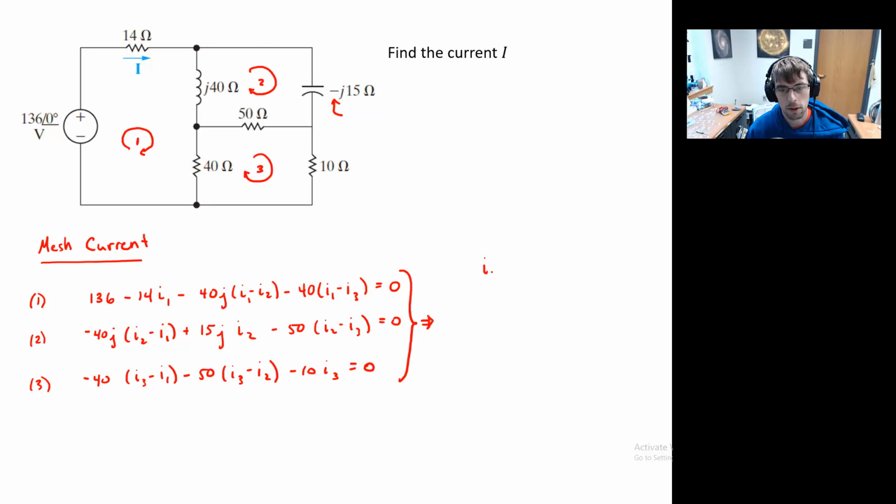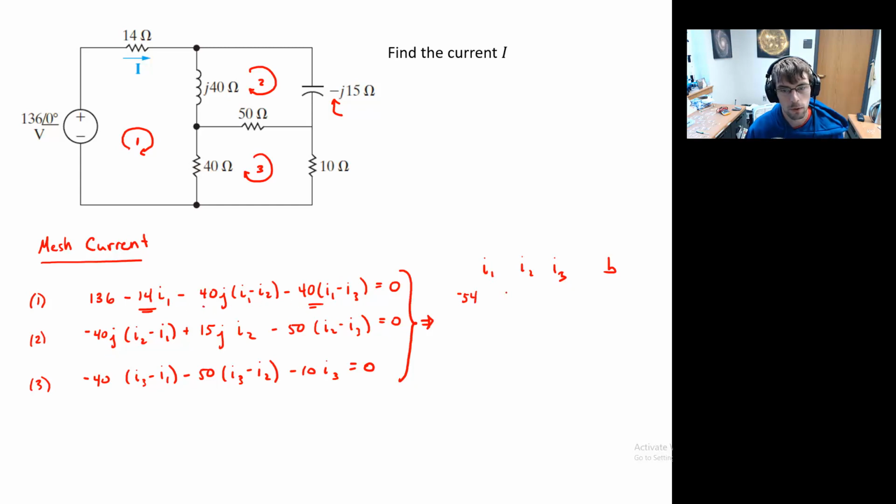What we're going to end up with is I1, I2, I3 as my column order, and then my B, my coefficients, if you will. So let's go through. We have 14 and then another 40, so we have a negative 54.